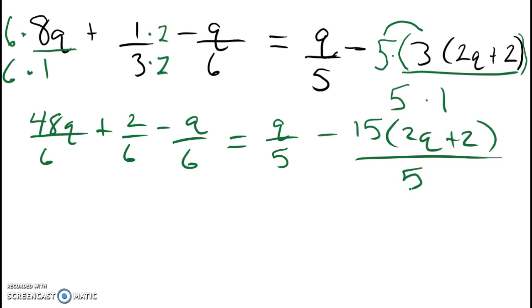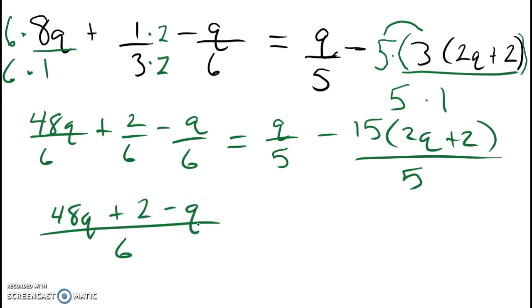Now because these denominators are the same, I can rewrite this whole problem over the same denominator. So we've got 48q over 6 plus 2 over 6 minus q over 6 is equal to, I'm going to do the same thing over here, I'm going to write the whole equation over the same denominator.